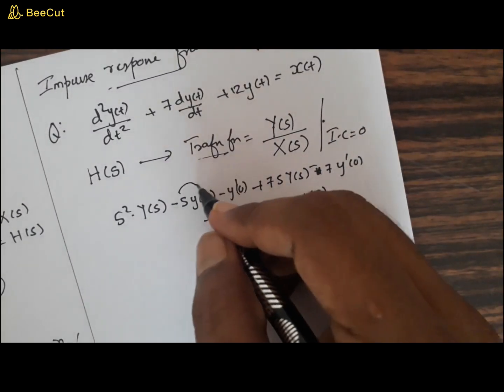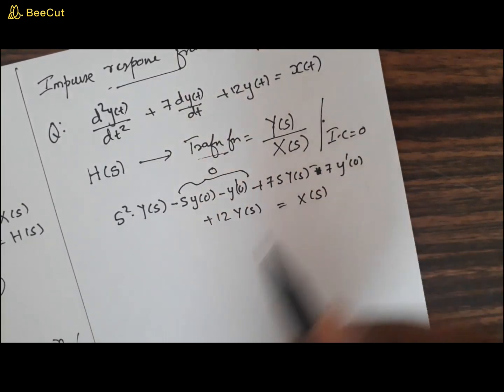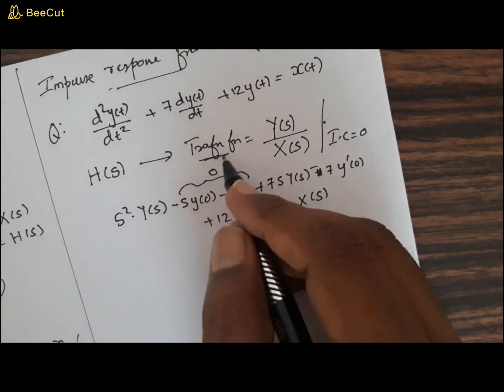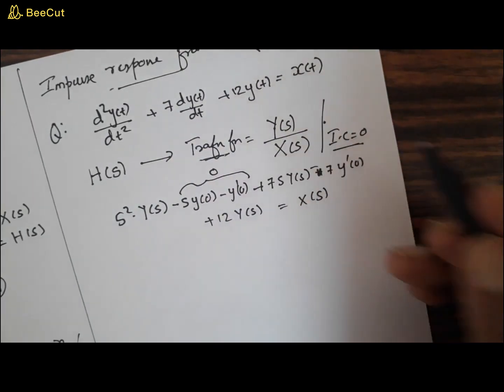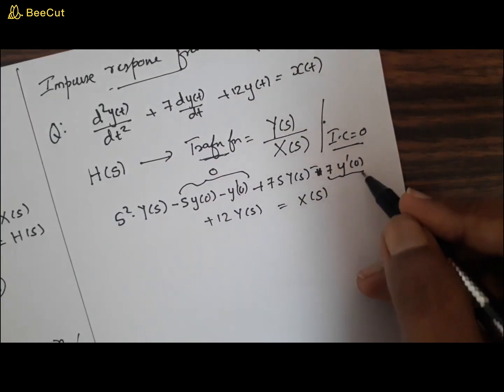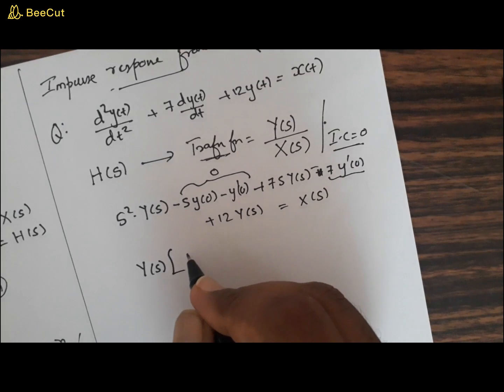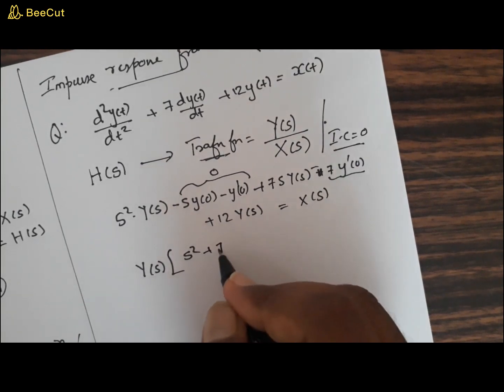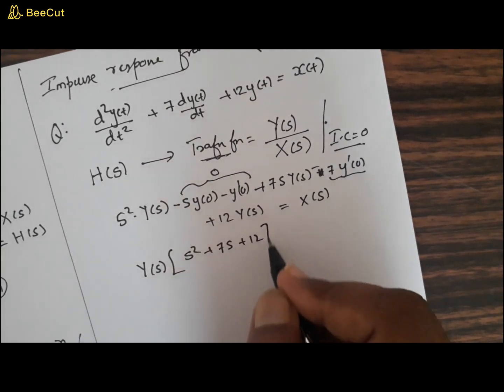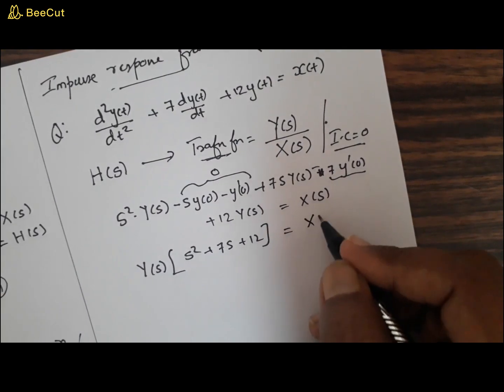What will happen to these terms? These terms become 0 because we are going to find the transfer function, where the initial condition is 0. So similarly, this also becomes 0. So you can take Y of s as (s square plus 7s plus 12) is equal to X of s.